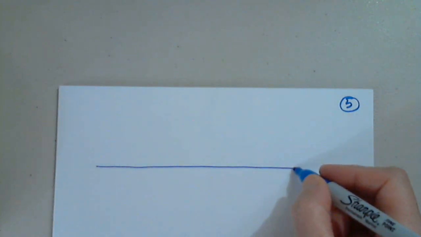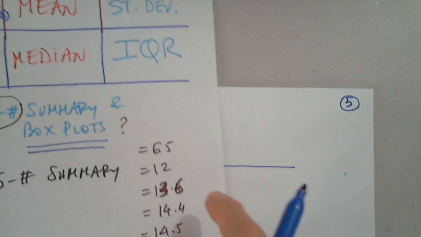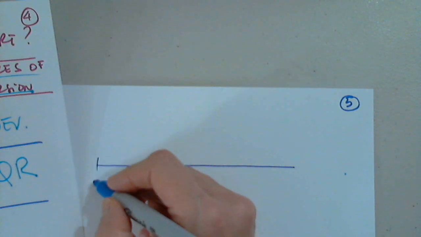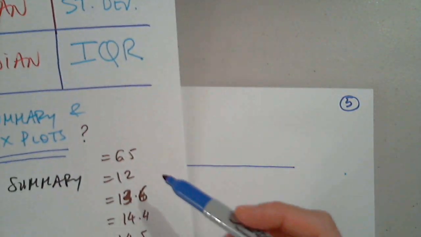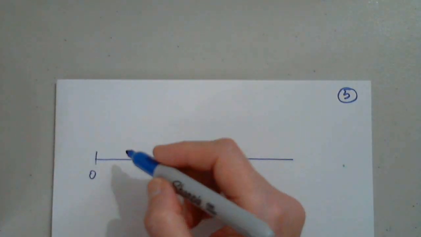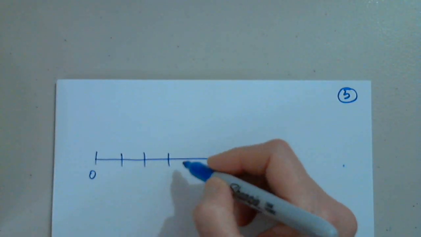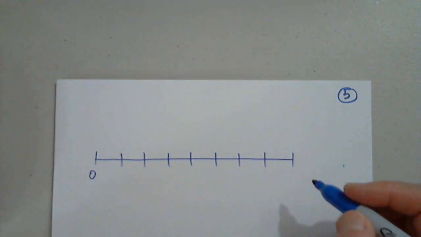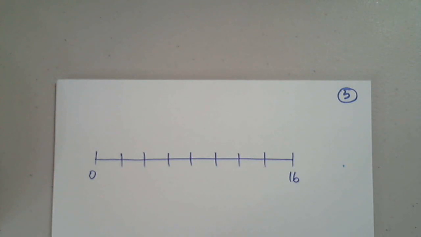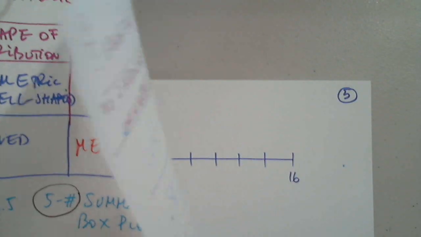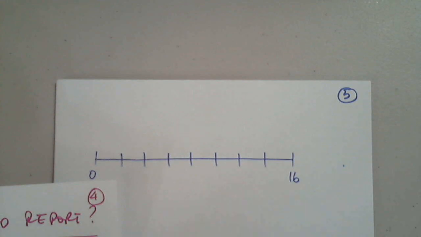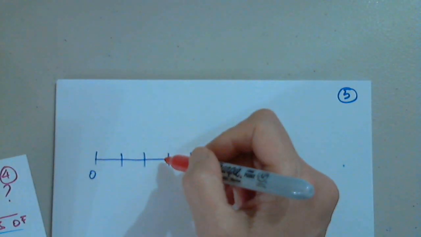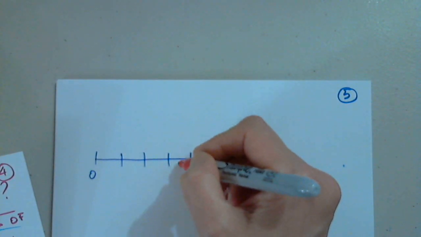Okay, so then again, the minimum is 6.5. So I'm going to say this is 0. And I have to go to maximum 14.5. So 2, 4, 6, 8, 10, 12, 14, 16. The minimum is 6.5. 2, 4, 6.5.